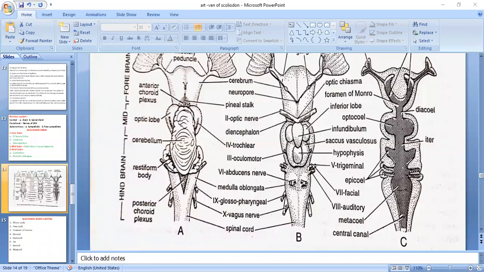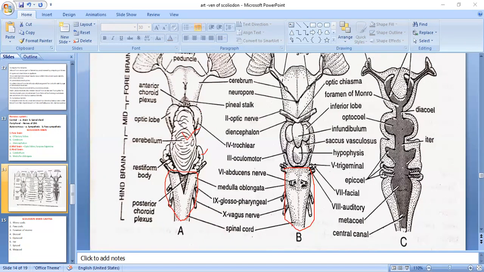And then the hindbrain includes this cerebellum and its associated lobes, and this triangular structure is the medulla oblongata. Here also, this is the medulla oblongata.